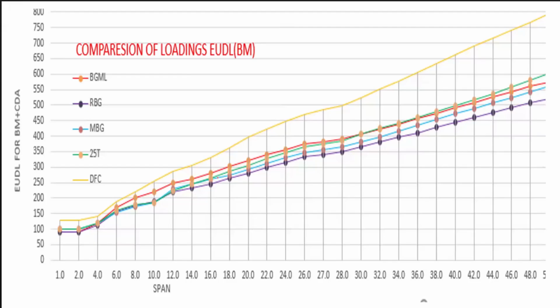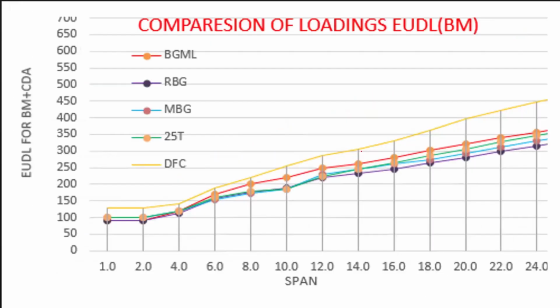Up to 30, this is the lower, BGML. Then it is increasing. Why does it happen? I will explain. Again I am showing the same comparison between all loadings. So again, up to 30 meter the older one is higher.